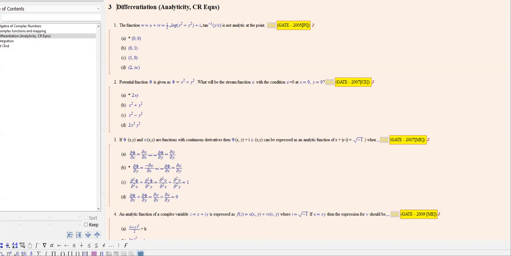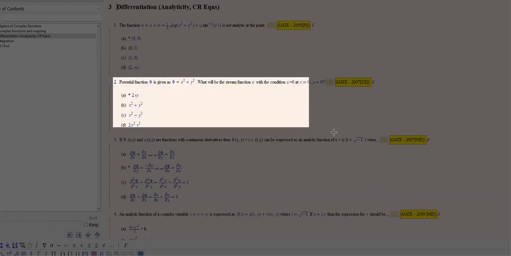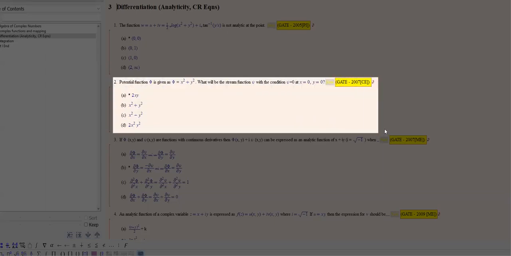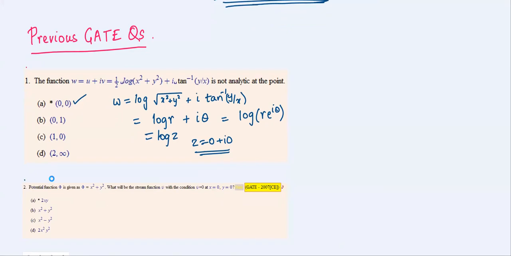Okay, this is from fluid mechanics: a potential function and a stream function. No, these are conjugate harmonics. Just now we did this problem, by the way, in a different format, but still we will do this.